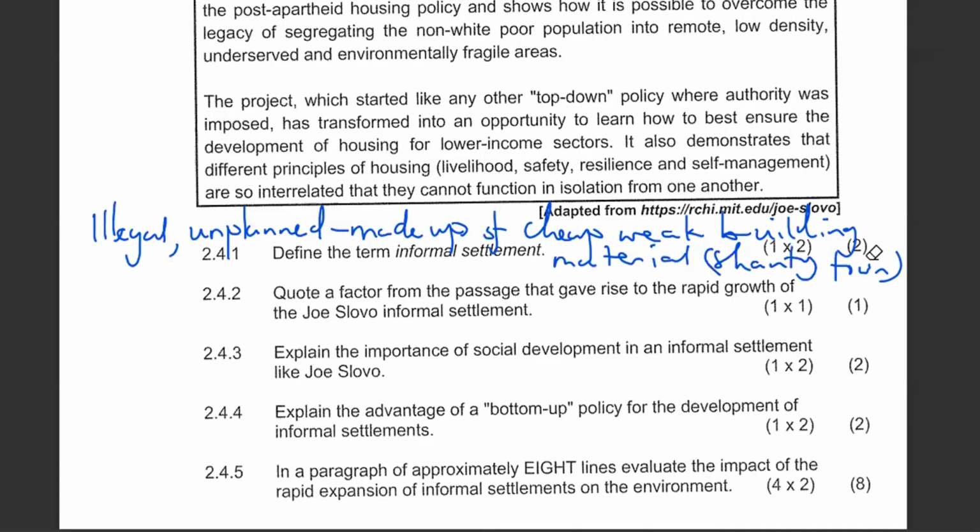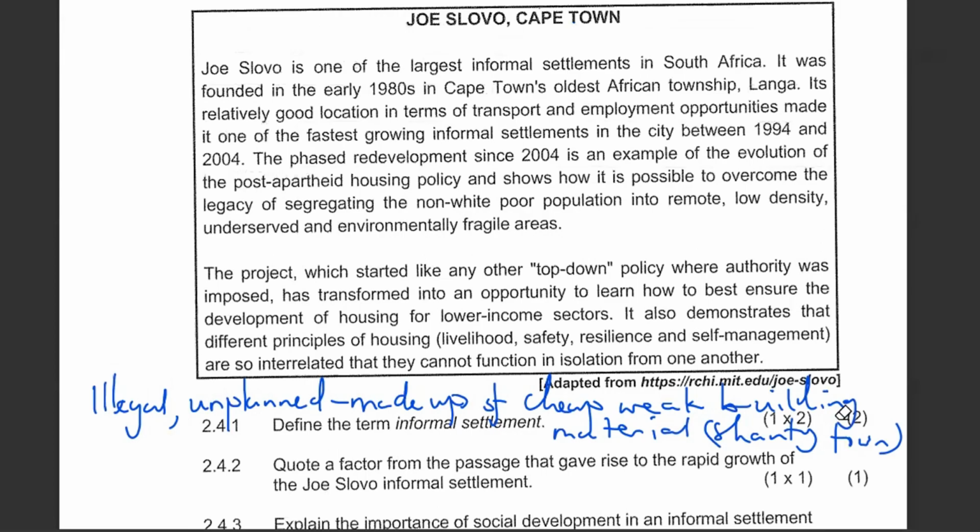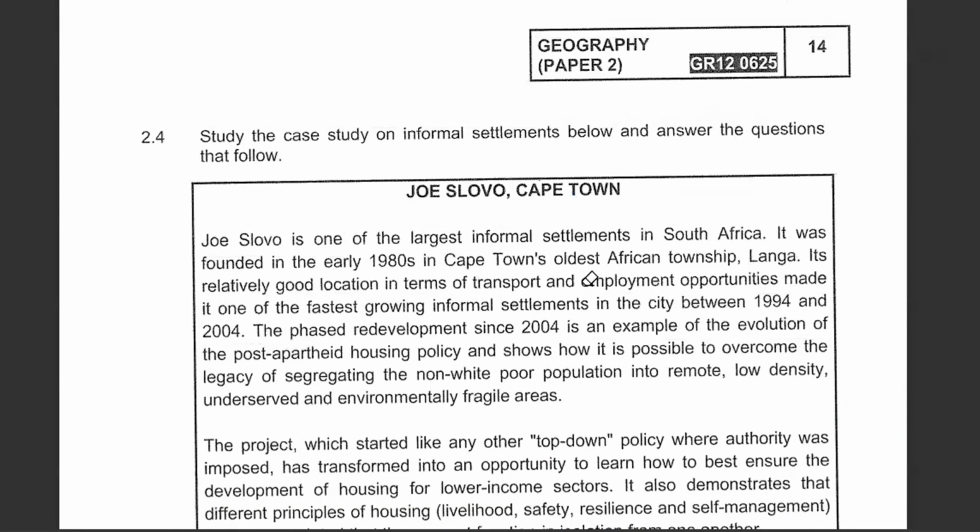Quote a factor from the passage that gave rise to the rapid growth of Joe Slovo informal settlement. We find it from the extract. It says it was founded in the early 1980s in Cape Town's oldest African township, Langa.